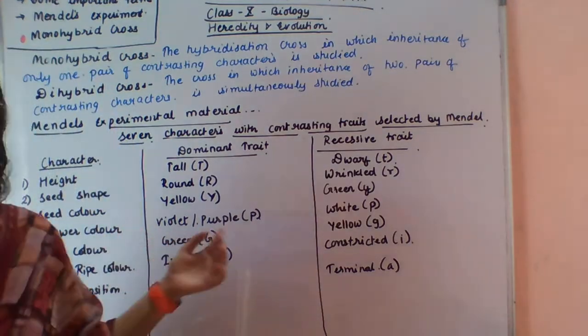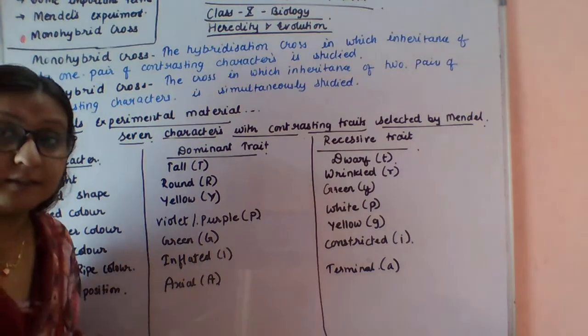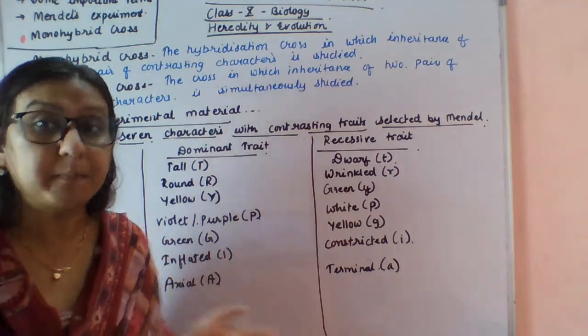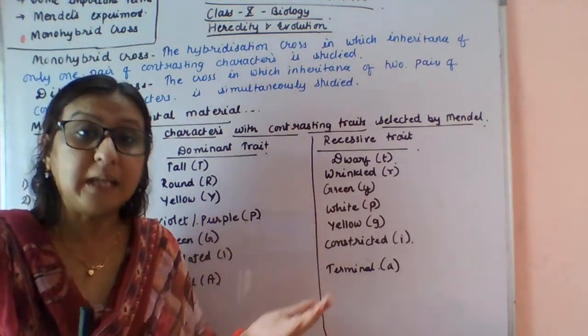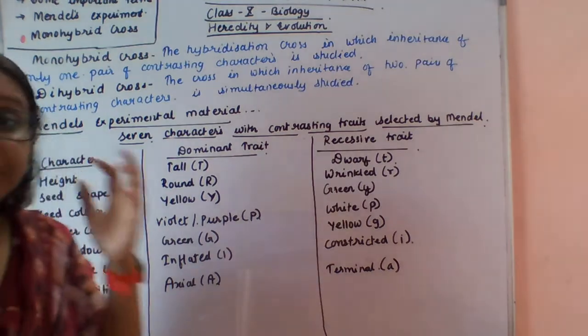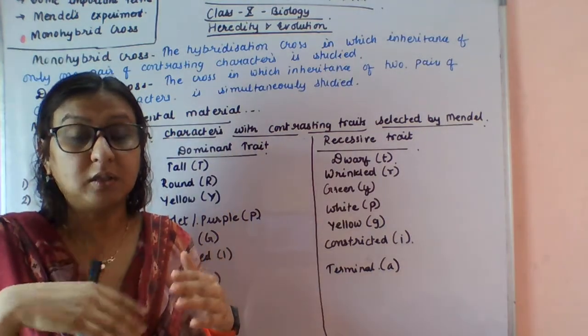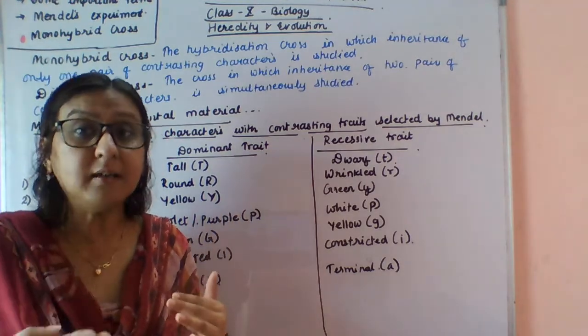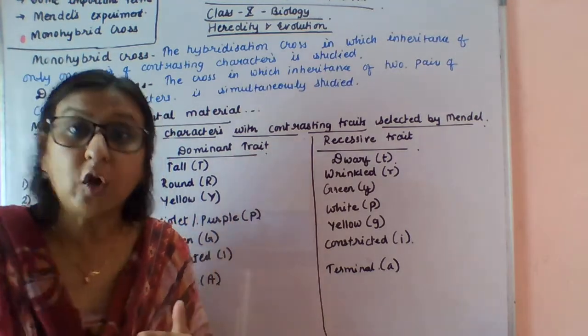So all of you learn these 7 contrasting characters, because while we are crossing, it is very important to learn which is the dominant character and which is the recessive character. Dominant means, as I told you just now, which expresses itself. And recessive means which can't express itself in the presence of dominant.